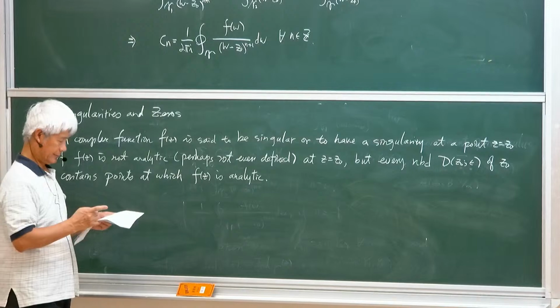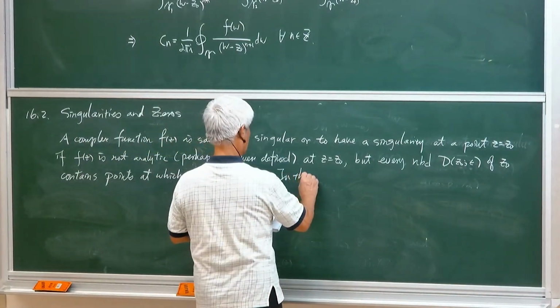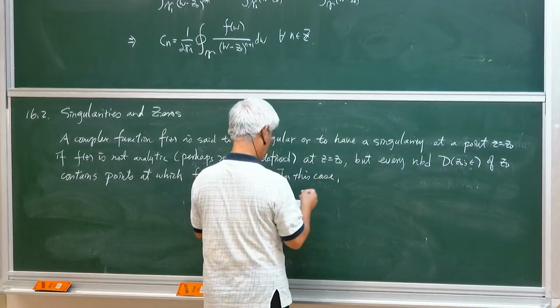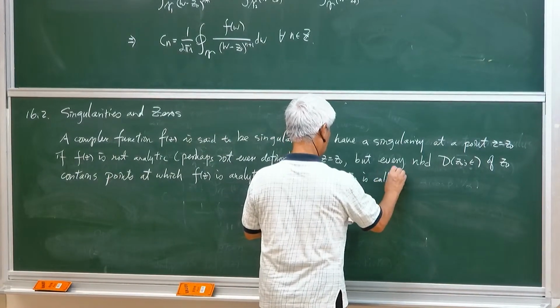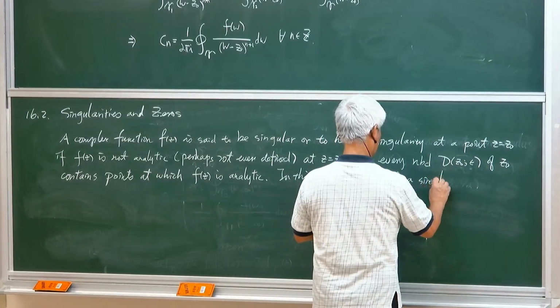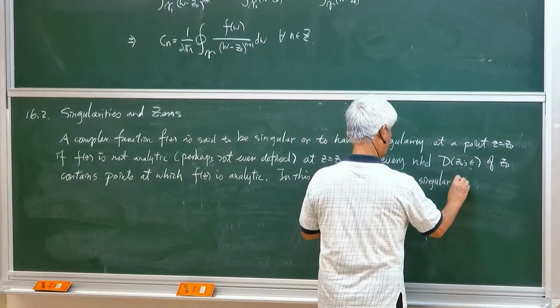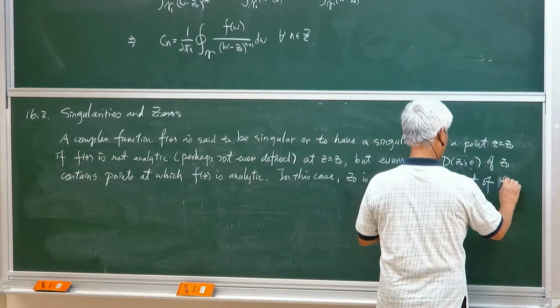Okay. And in this case, z0 is called a singular point of the complex function.